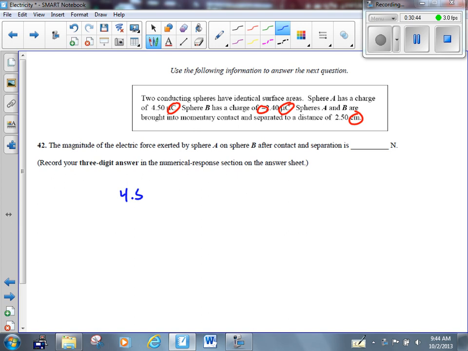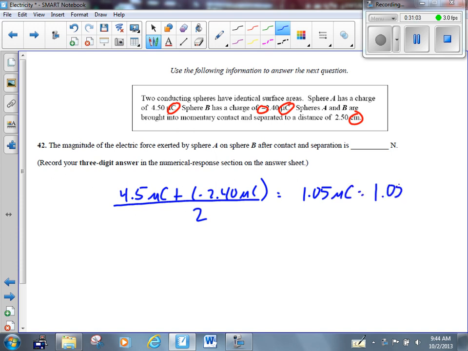4.50 microcoulombs plus negative 2.40 microcoulombs. We divide that by 2. That's going to give me, what is that, 2.1 divided by 2? 1.05. Is that right? So the charge of both of them now becomes 1.05 times 10 to the minus 6 coulombs.